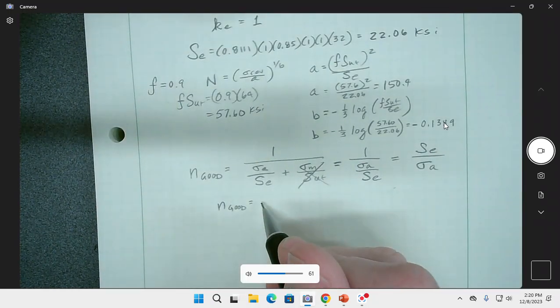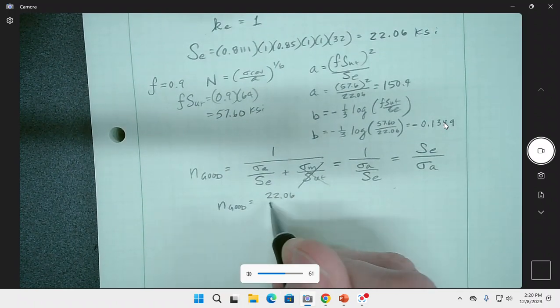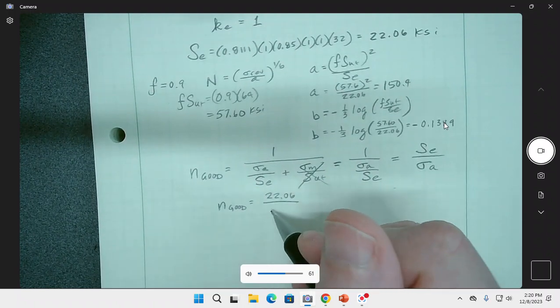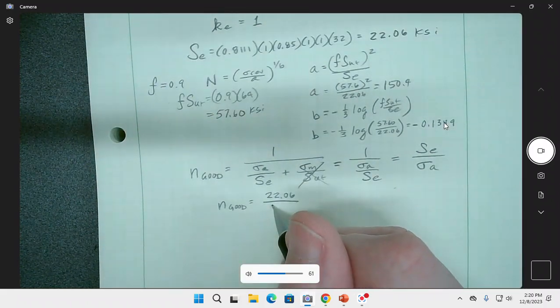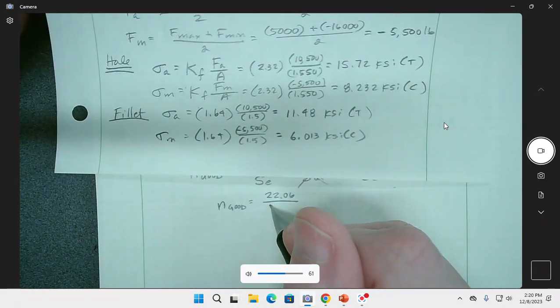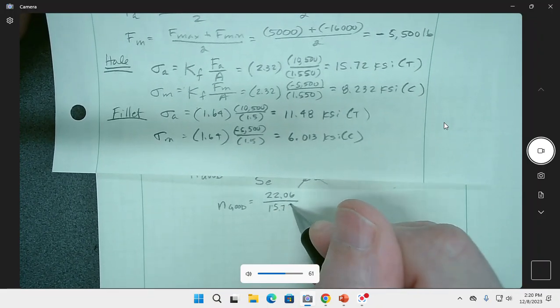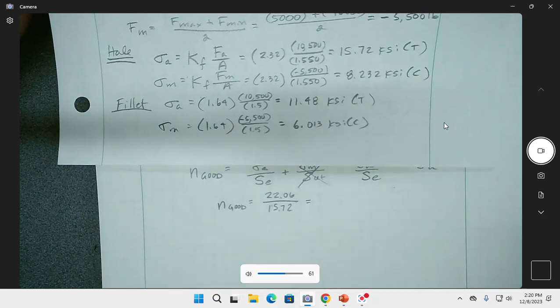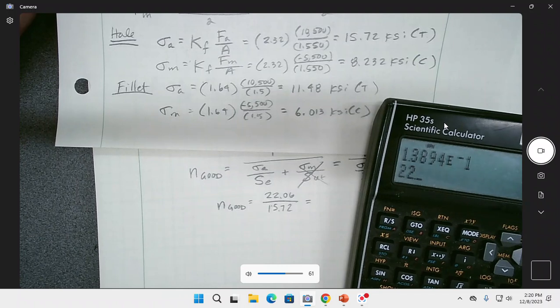Anyway, here we're going to have 22.06 divided by the alternating, the worst alternating that we have for the whole thing, since we're describing the life of the part. So we get 15.72, a safety factor greater than 1, and what does that mean?